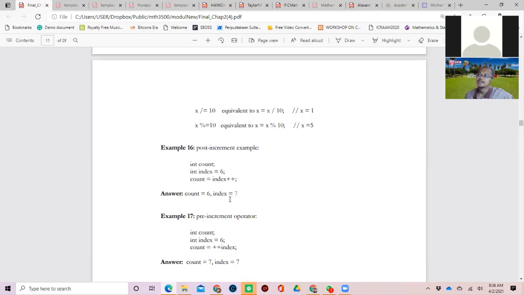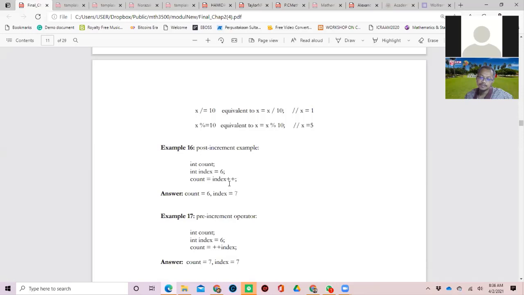So in C, if you see an increment operator or decrement operator, we need to consider pre or post. Pre means the plus plus is in front, but post means at the back. So index plus plus, this one is the post increment.